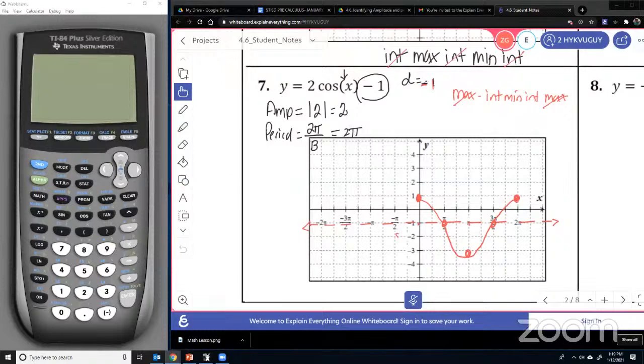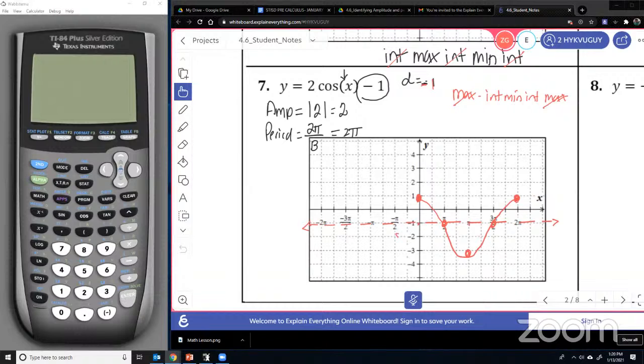Sir, yes, I have a question. Go ahead. You know how you wrote down max and min and int? That changes whether it says cos or sin, right? Right, and I'm glad you brought that up.